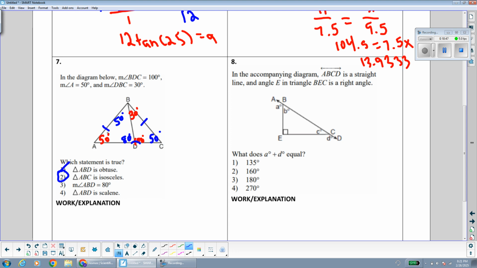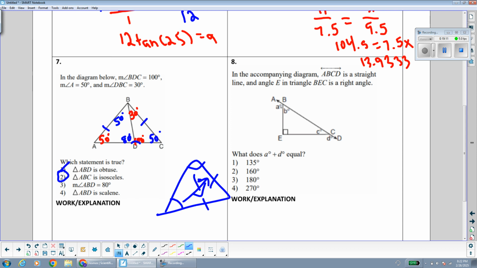No, it's not. It's got two congruent angles, therefore two congruent sides due to the converse of the base angle theorem. If a triangle has two congruent angles, the sides opposite are congruent. So answer choice number 2 is the only correct answer.